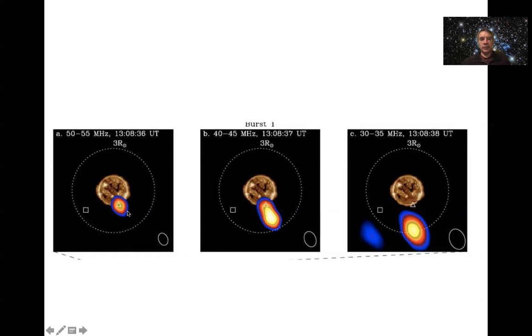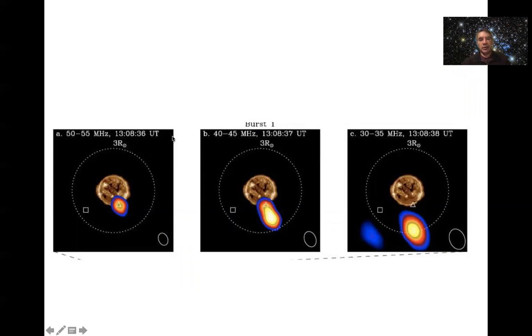This will be very hot gas being ejected from the sun and moving away from the sun. Just within a couple of minutes, it's already 3 times the solar radius away from where it started. So very fast moving, and you can trace that quite well at low frequencies.